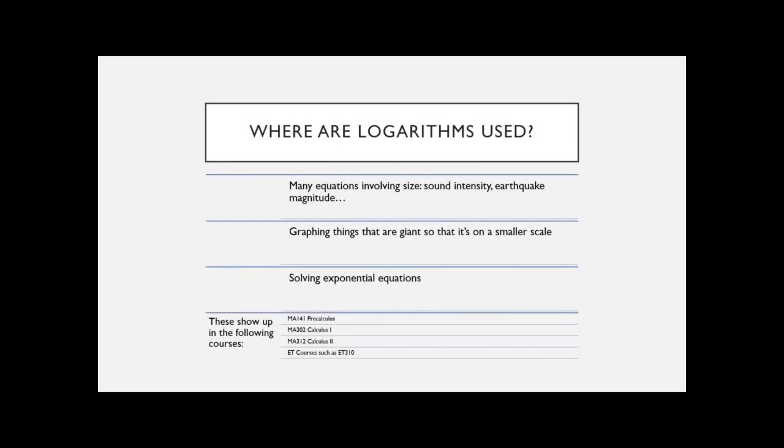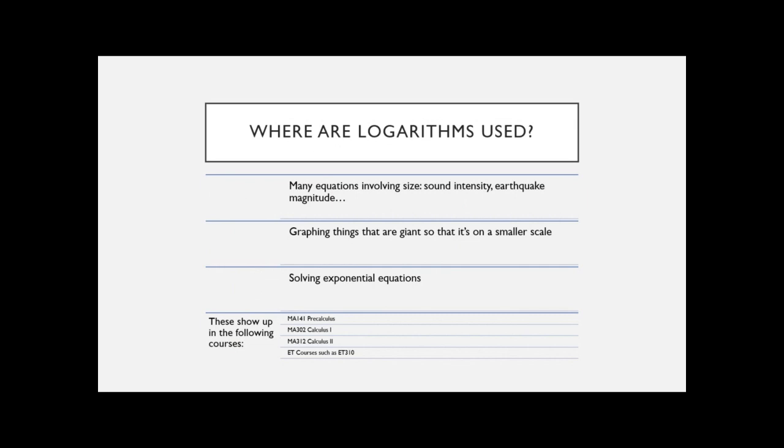So where are logarithms used? There are a lot of equations in science that involve the size of something. Sound intensity, which is about decibels, how loud something is, has a logarithm in its equation. The magnitude of an earthquake uses a logarithm.